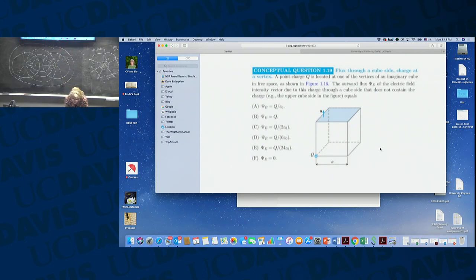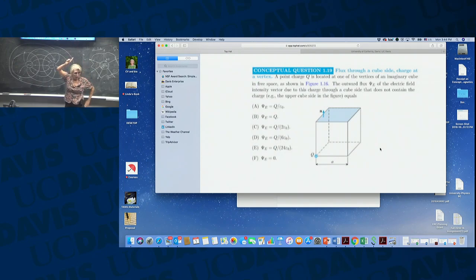And it says that the outward flux of the electric field intensity vector due to this charge through the cube side, which is shaded, you need to find out what is the flux that goes through the surface.